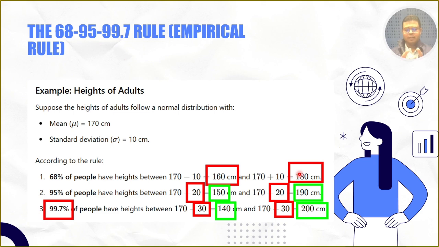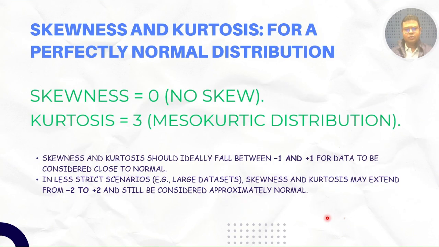Once again, from the mean, you deduct or add one standard deviation for 68%, and for 95% you deduct and add two standard deviations, and sequentially the next one.